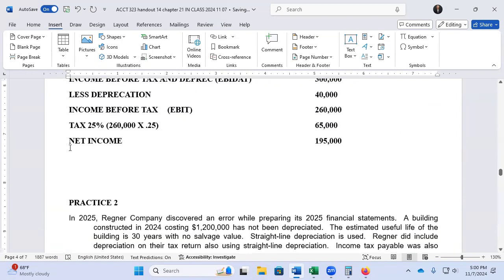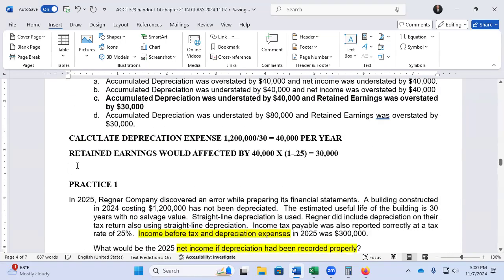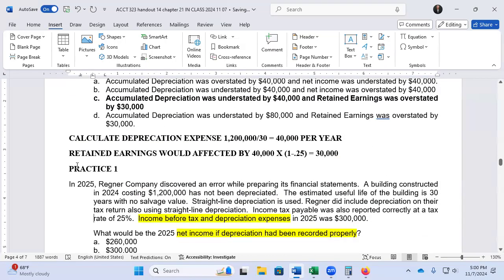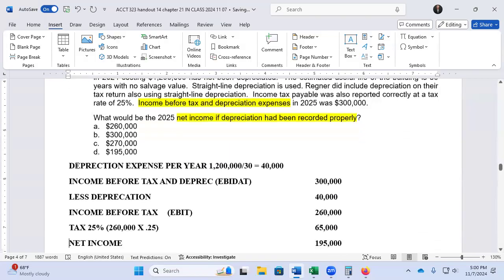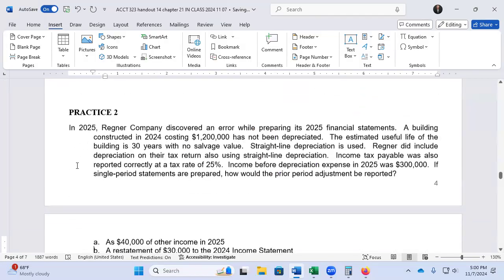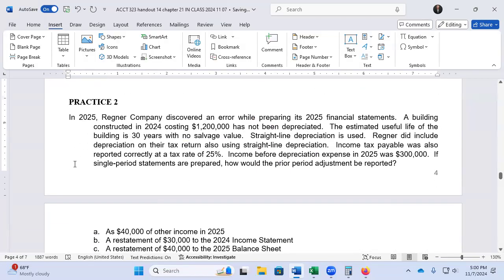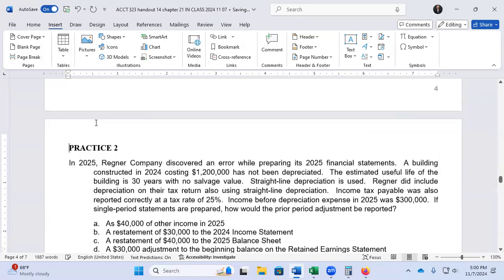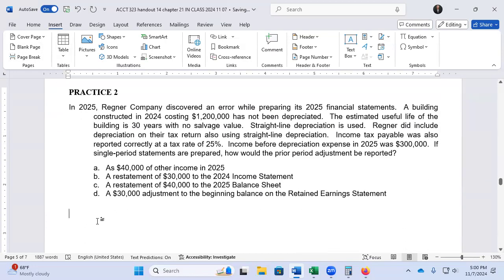Now you guys got the second practice question? And again, we know depreciation expense is equal to 40,000 per year.